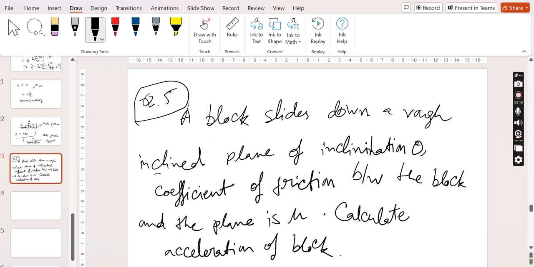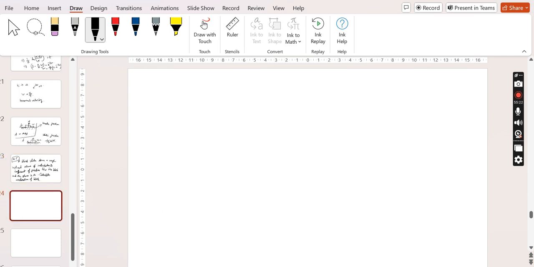So we need to draw the diagram first. What kind of forces are acting on the block? So that is theta. These are very important kinds of questions. One way or another, you will get this kind of question.